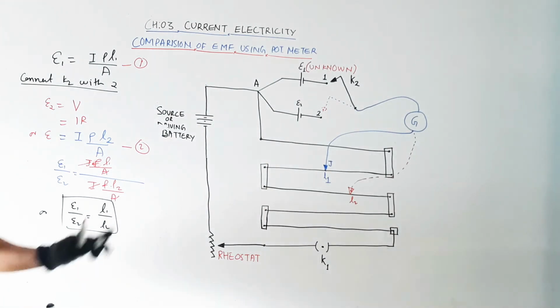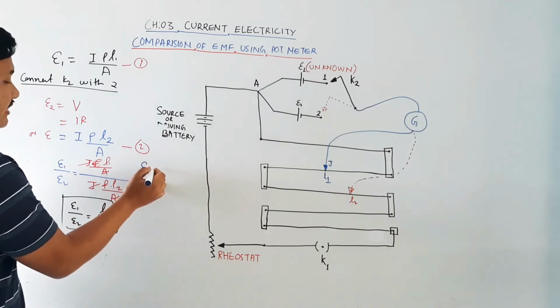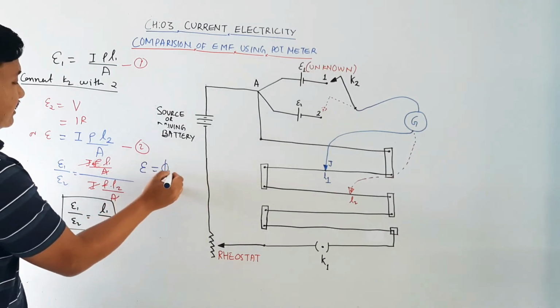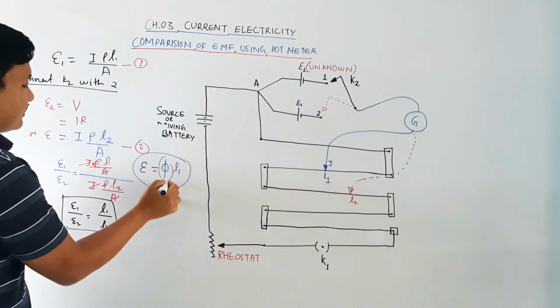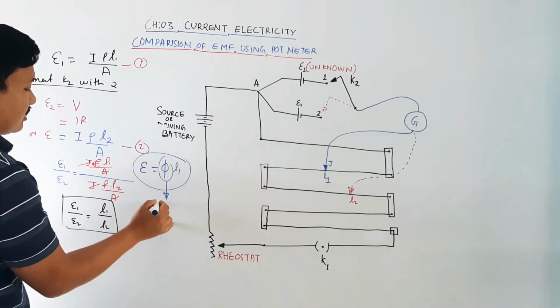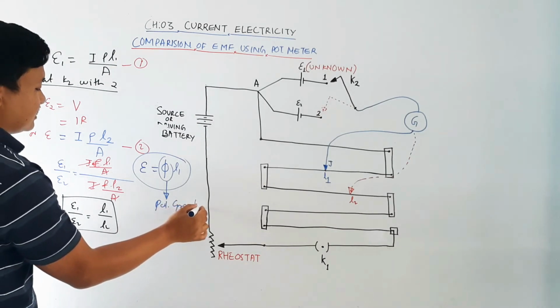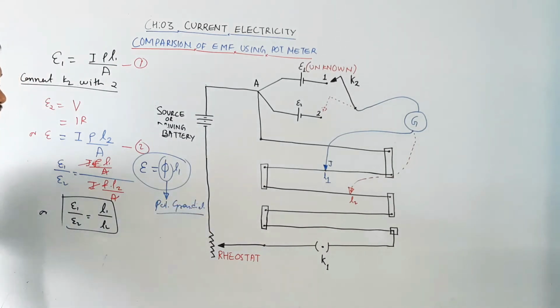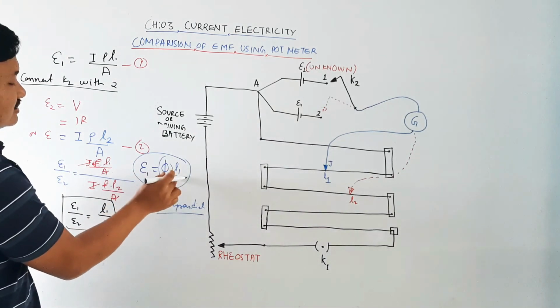Now in some books, they directly write E is equal to phi L1. It is absolutely correct. But what is phi? Phi is a constant which is called potential gradient, which I will not discuss in depth. If you find E1 is equal to this, it is okay.